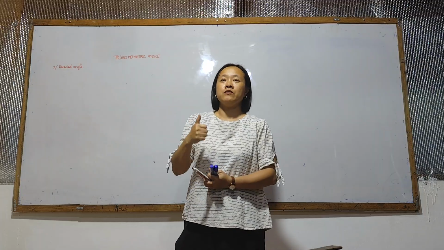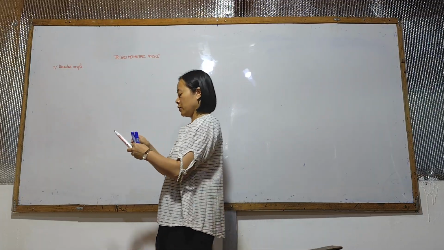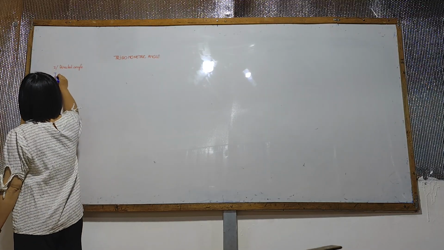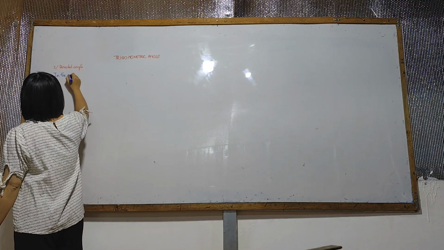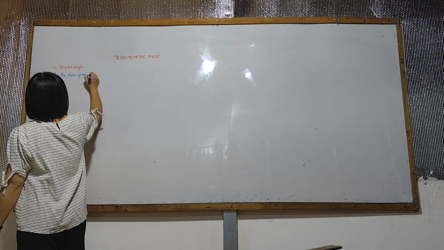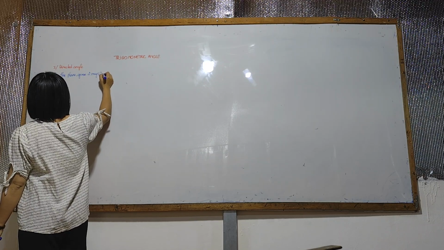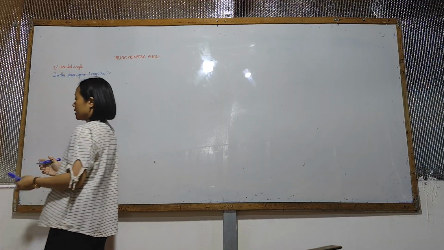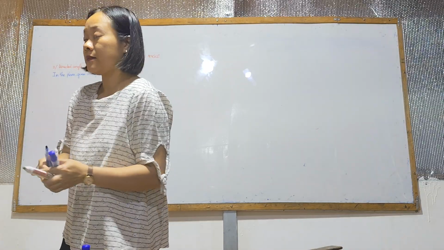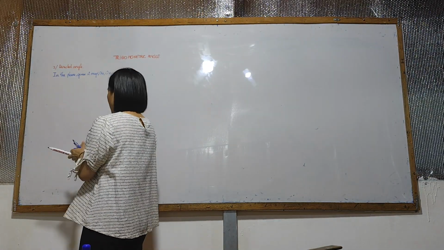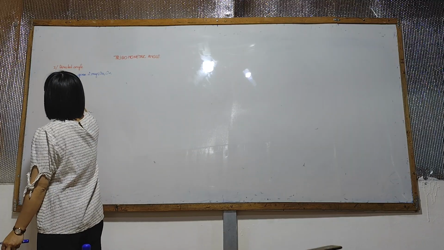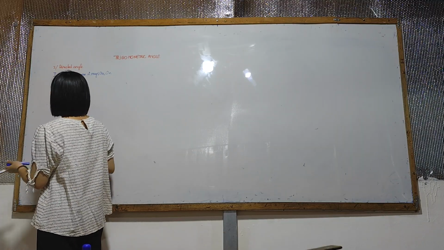In the plane, we have two rays, OU and OV, and a ray OM in the same plane.